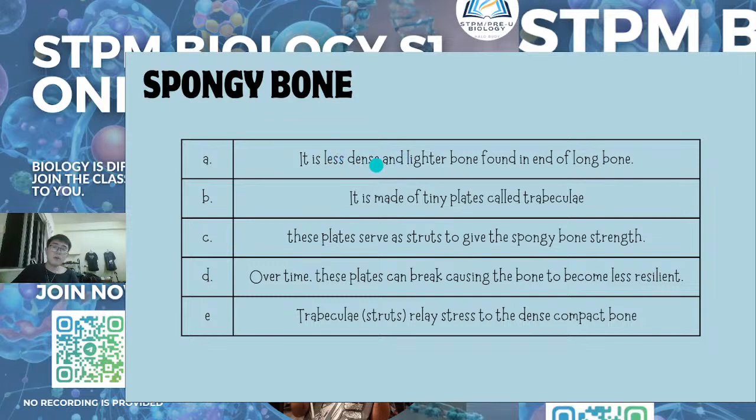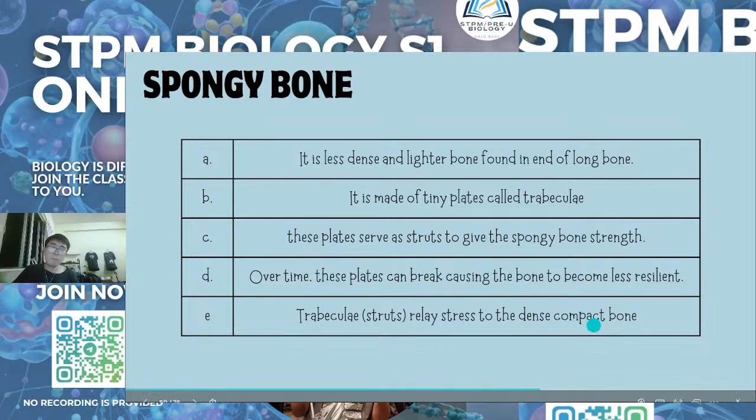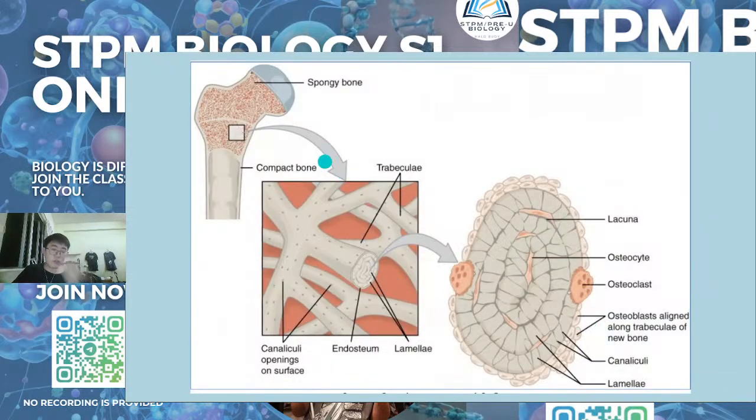Normally spongy bone is less dense and a lighter bone compared to the compact bone, and it is also shorter. It is made up of tiny plates called trabeculae. These plates serve as a shaft to give the spongy bone strength. Over time, these plates can break, causing the bone to become less resilient, and the trabeculae relay the stress to the dense compact bone. Okay, so you see here this structure.